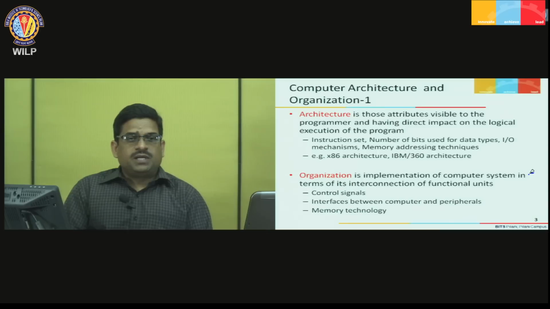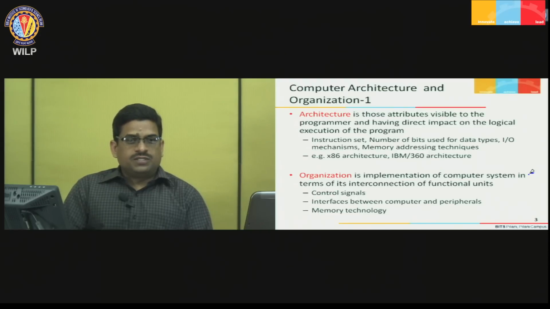For example, to execute the operations, how the control signals are implemented, the interface between the computer and the peripheral devices. Peripheral devices are like monitor, keyboard, mouse, printer, etc.